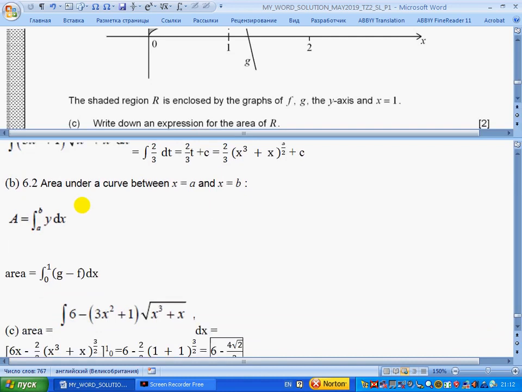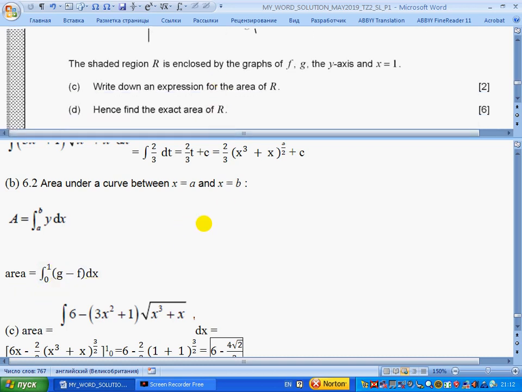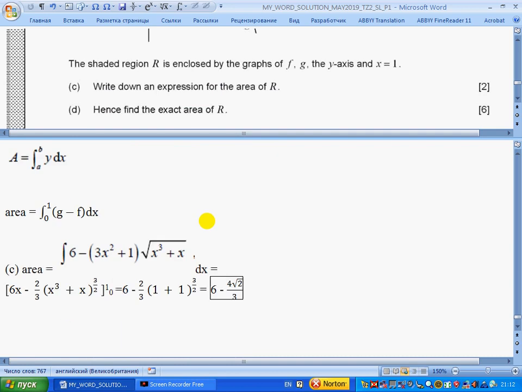From section 6.2, the area under a curve between x equals a and b is given by this integral. So in this case we have the integral from 0 to 1 of g minus f. Hence find the exact area of R. So we write the expression, and then we realize that this integral we already found.